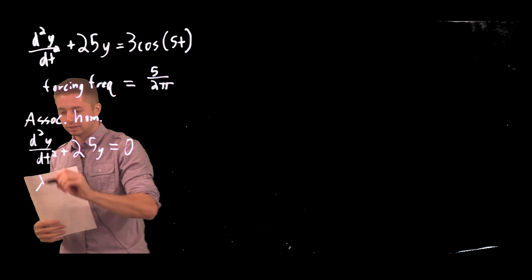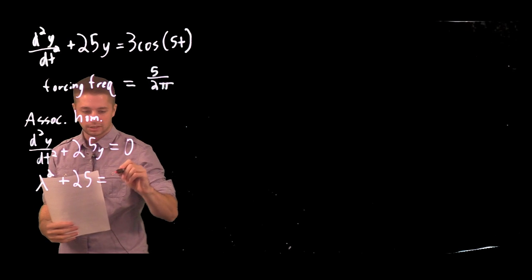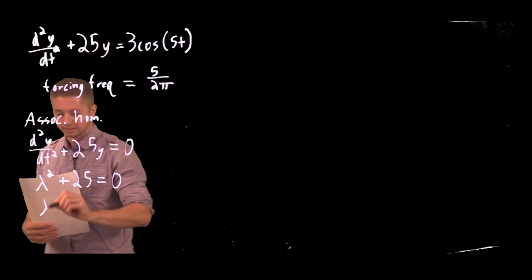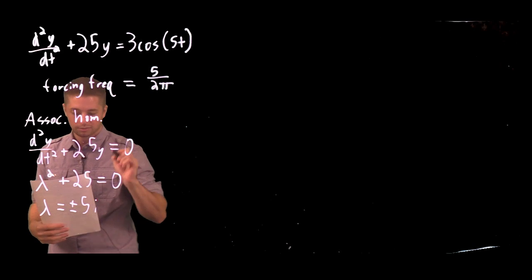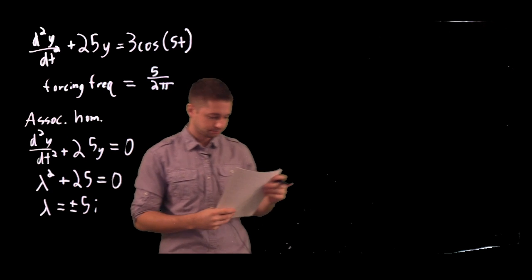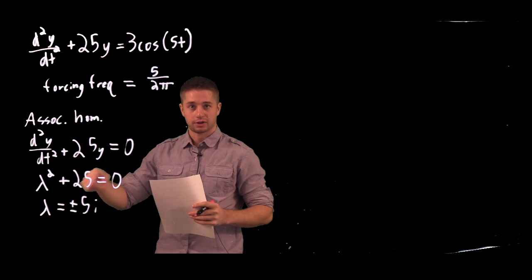That characteristic polynomial is lambda squared plus 25 equals 0, which means lambda equals plus or minus 5i. You can get that by applying the quadratic formula to this.